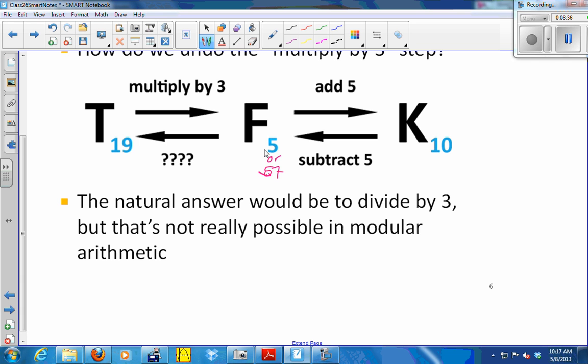And then when you add 5, you get 10. So T goes to F and then goes to K. When I go backwards, I need to start with my 10, subtract 5, and I get 5. And then I need to do something to get my 5 back into a 19, or something equivalent to a 19.